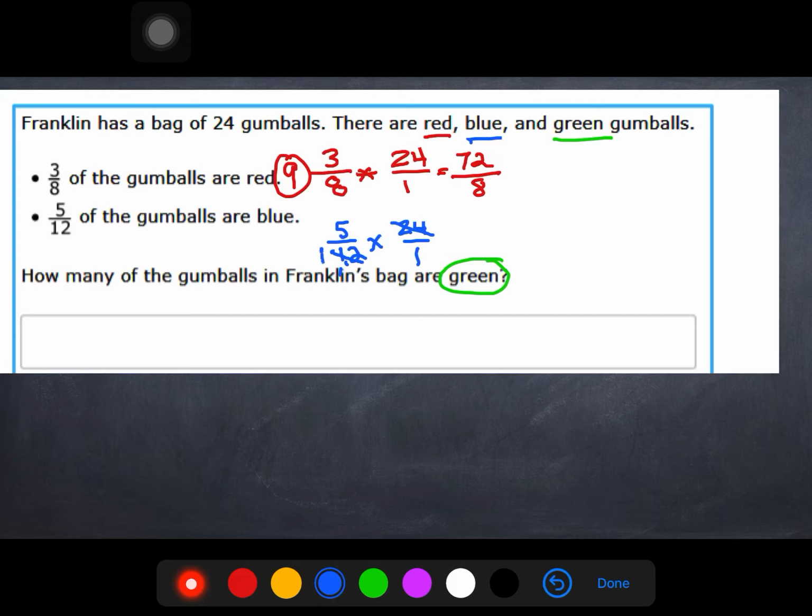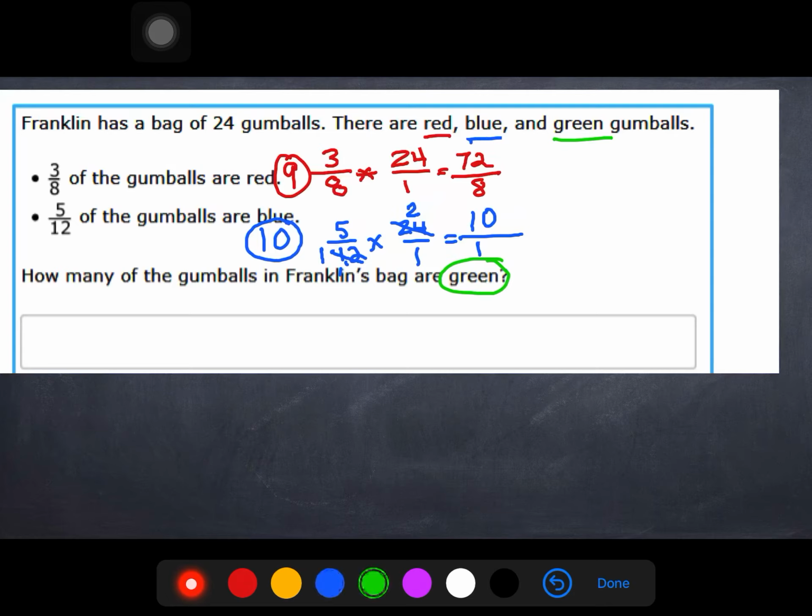I could divide each of those by 12. 12 divided by 12 gives me 1, and 24 divided by 12 gives me 2. Makes it a much easier math problem because now it's 5 times 2, which is 10, over 1. If I did 5 times 24, it would have been 120 over 12, which would not have been difficult to solve. It still would equal 10, but it makes it a little easier to work with smaller numbers.